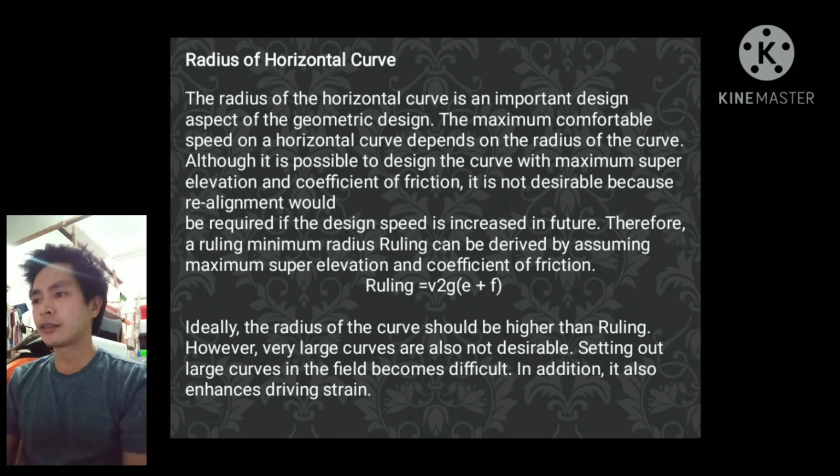Ideally, the radius of the curve should be higher than Rruling. However, very large curves are also not desirable. Setting out large curves in the field becomes difficult. In addition, it also causes enhanced driving strain.